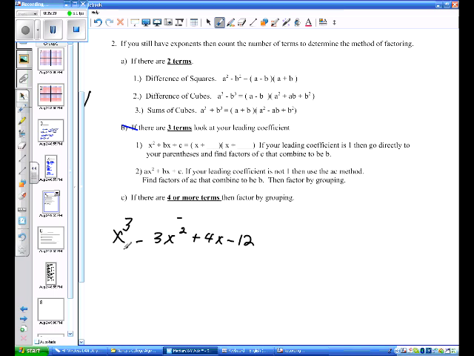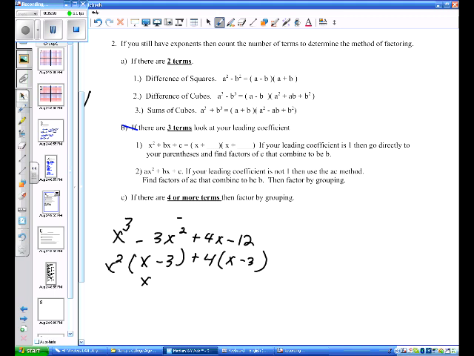And you're going to group them. So we're going to do it in groups of 2. We have a common factor of x squared. That would give us x minus 3, plus, we have a common factor of 4, x minus 3.